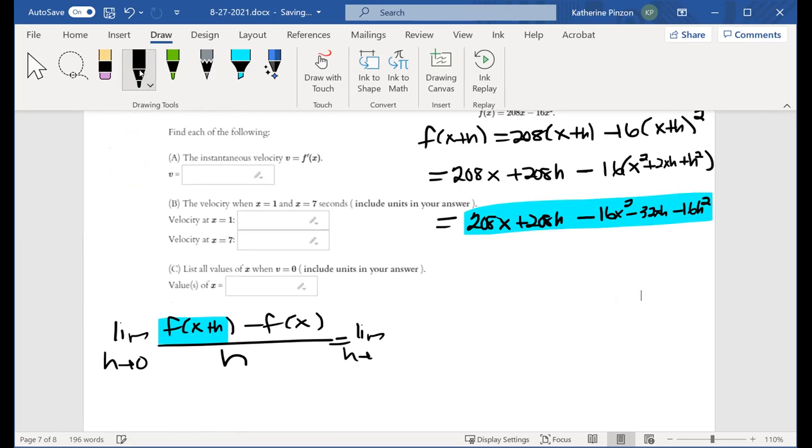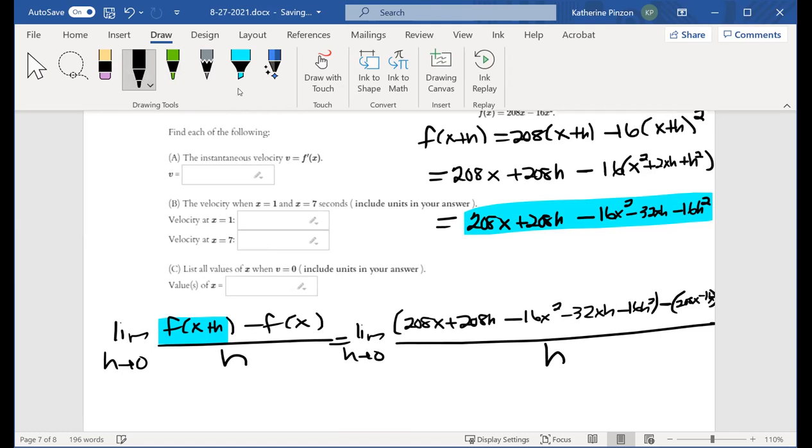That's what goes in right here. Equals limit as h goes to 0 of 208x plus 208h, minus 16x squared, minus 32xh, minus 16h squared, minus f of x, which is 208x minus 16x squared. Okay, all divided by h. Remember we said at this point, everybody without an h should cancel.